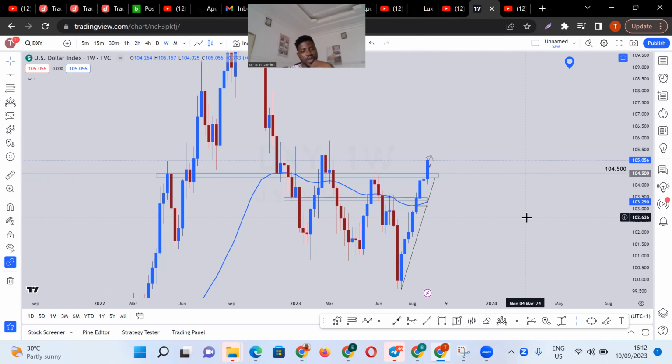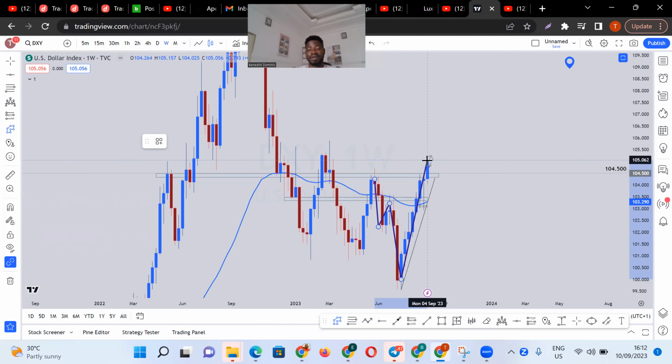On this weekly time frame, if you have eyes in the spirit, you will know that we are bullish. Should I mark it for you? Okay, let me mark it. Just know that market made a lower low right here. This is lower low. This is higher high.